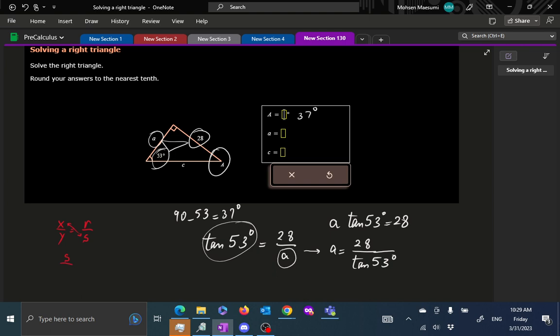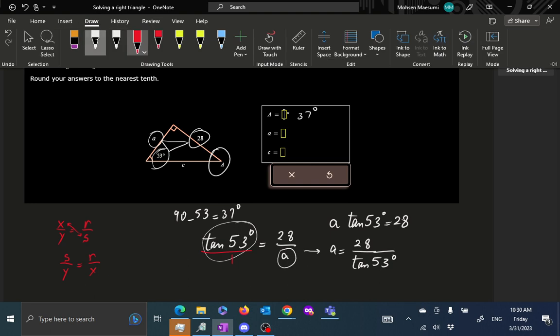So you can write S over Y is equal to R over X, and you can keep these exchanges up and make many different kinds of equalities. So here, if you wanted to be quick, you say, okay, I exchange these two. This is, of course, in the numerator of this fraction. A comes here and tangent goes to the bottom. Okay, that is one end of the story.